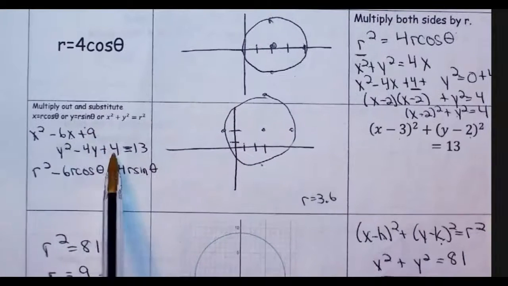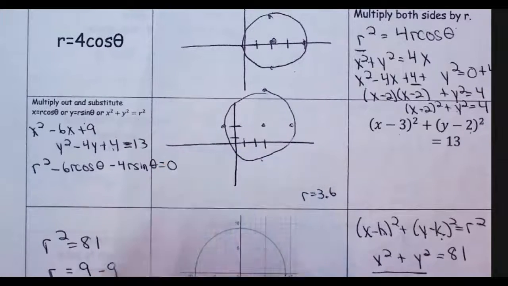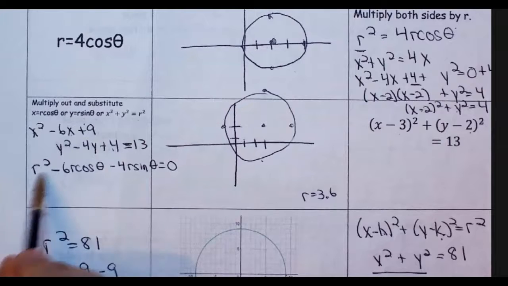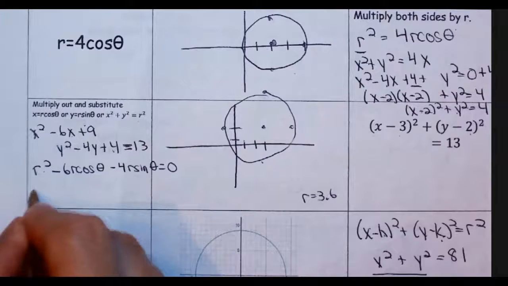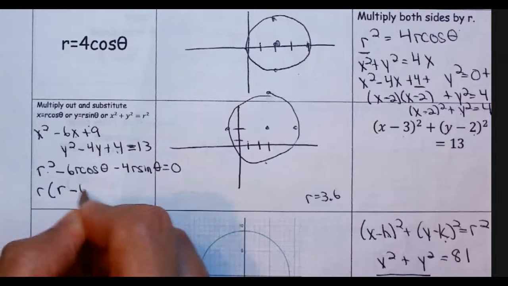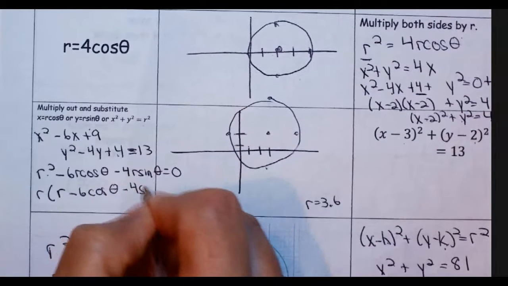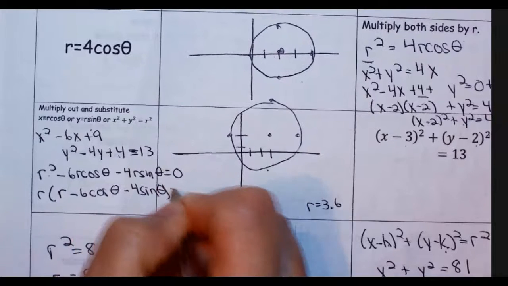And if you notice, 9 plus 4 is 13, which cancels out with the 13 on the other side. Finally, let's go ahead and factor out an r. So we've got r times (r minus 6 cosine theta minus 4 sine theta) is equal to 0.